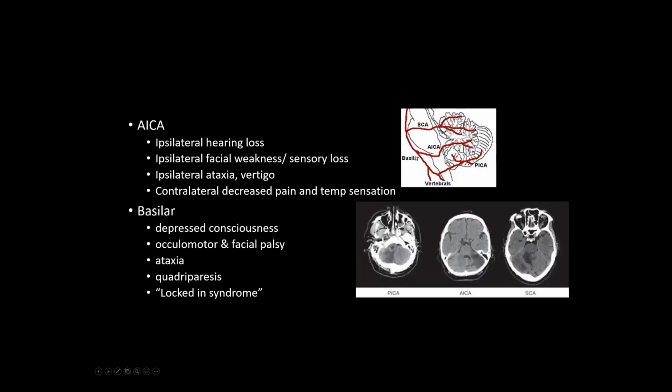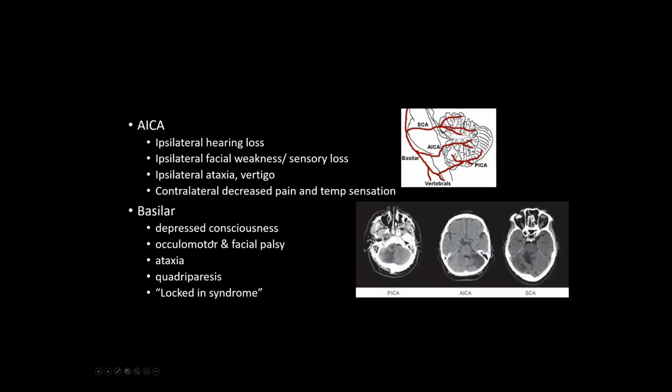So the AICA, which is this middle portion, again, can involve some hearing loss because it's at the level of the pons where the cranial nerve 8 is. The ipsilateral facial weakness and sensory loss, again, from cranial nerve involvement. Ataxia and vertigo, which is really the cerebellar component. And then contralateral decreased pain and temperature because of the pathway of the spinothalamic tract.